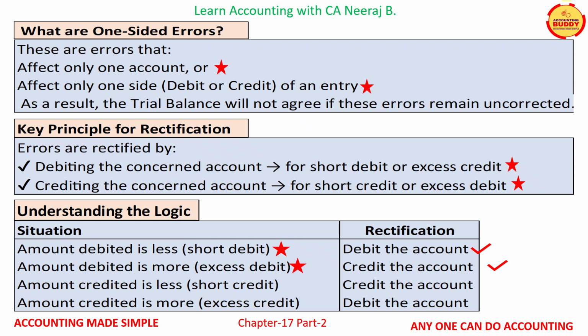Similarly, if an account is short credited, it will be rectified now by crediting with the amount which was short credited earlier. Now, if the account is credited with excess amount, it will be rectified by now debiting with the amount which was excess credited earlier.